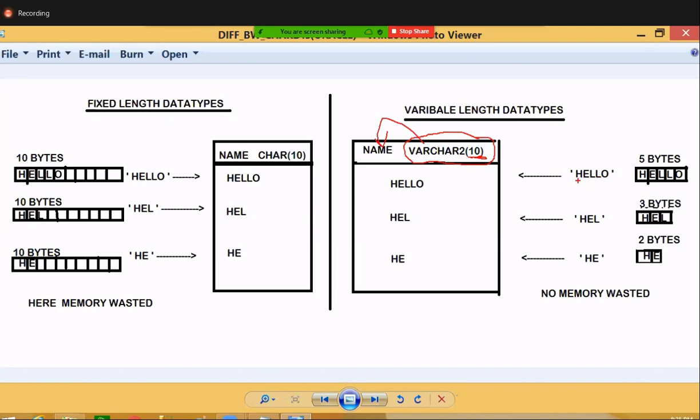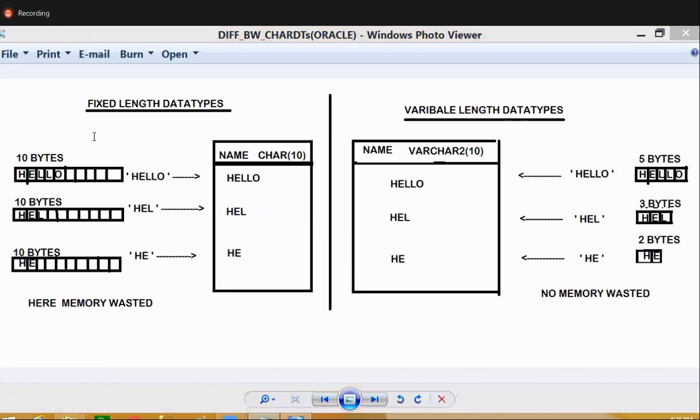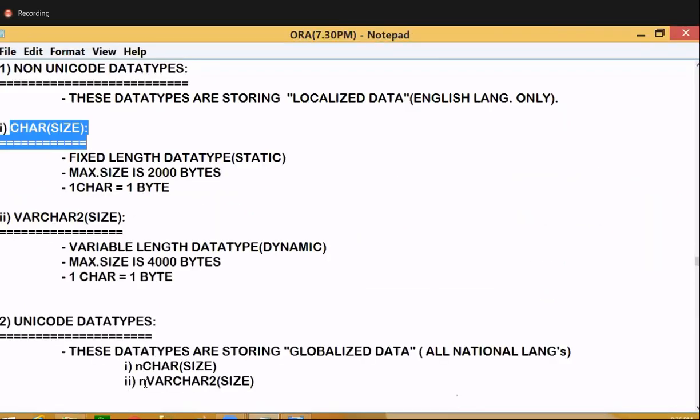But what happens? For hello, however many characters are in your string expression, that many bytes only are allocated. For he, that many bytes only. So no memory is wasted, and that's why memory is saved. That's why in real time we mostly use varchar2.